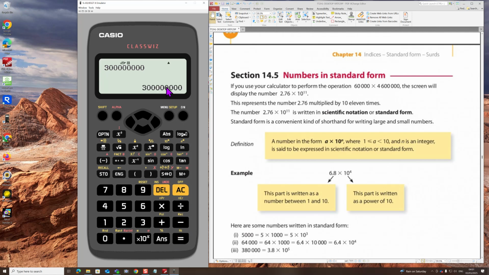Okay, here. So we can set up our number format into a fixed number of decimals, normal mode, and scientific mode. So let's jump into scientific mode.